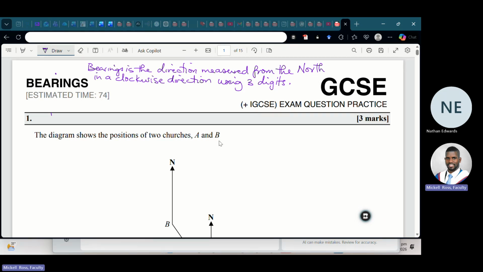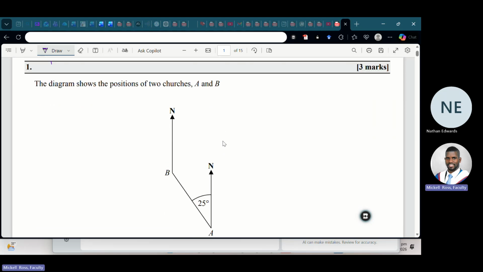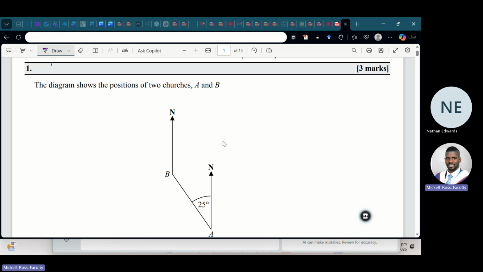Now, one of the things that we want to help persons to understand when we're talking about bearings is how we have to look at somebody. Take for instance, this is me and this is you.